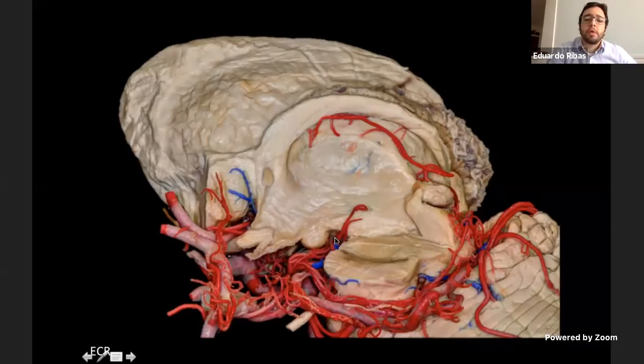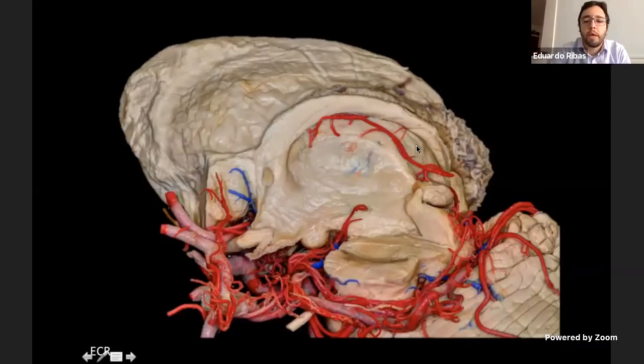We can see here this very elegant trajectory of the posterior medial choroidal artery. The posterior medial choroidal artery will arise from P1 or P2, and we will have a very elegant trajectory. It will first reach the crural cistern, then the ambient cistern, then the quadrigeminal cistern, pineal region, and then get inside the roof of the third ventricle, that's the velum interpositum, and supply the most medial and superior aspect of the thalamus.